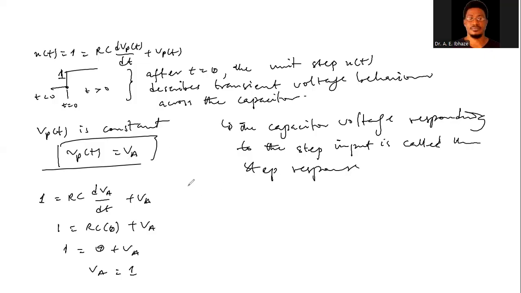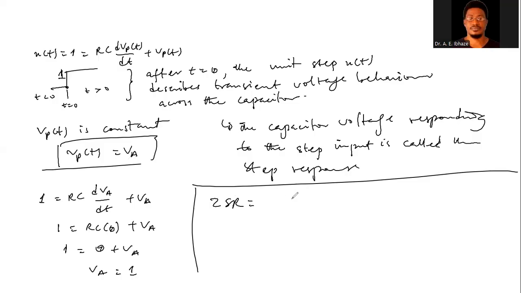So the zero state response will now be the homogeneous solution plus the particular solution, which will be VZS of t equal to C1 exponential minus t over RC plus VA.